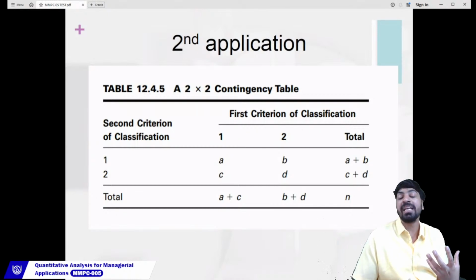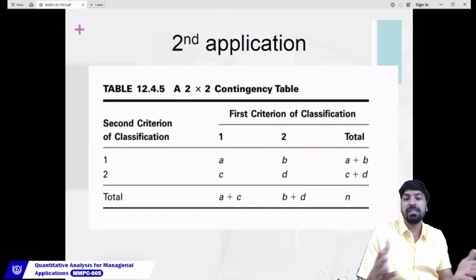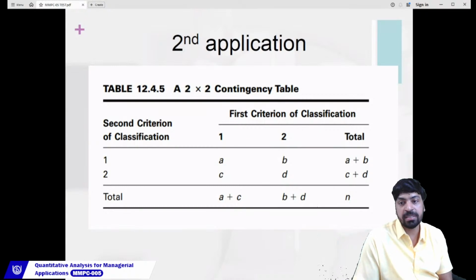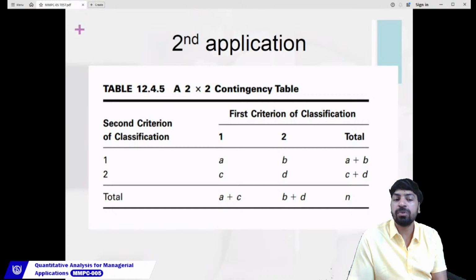What are the expected count or expected frequency? It will be calculated using the following formula from the observed frequency. Whatever the values A, B, C, D are, those are the observed frequencies. What is the total over here, the row total and the column total?